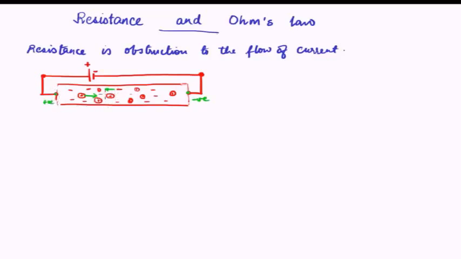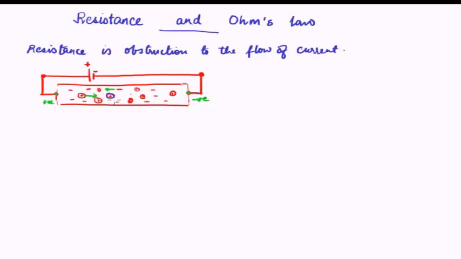And there are many ions and there are many free electrons. So these electrons will move in this direction, and due to the potential difference, the electrons will start speeding up. But in the course of its movement from this end to this end, the electrons will encounter other electrons, but more importantly, they will also encounter these positive ions, right?